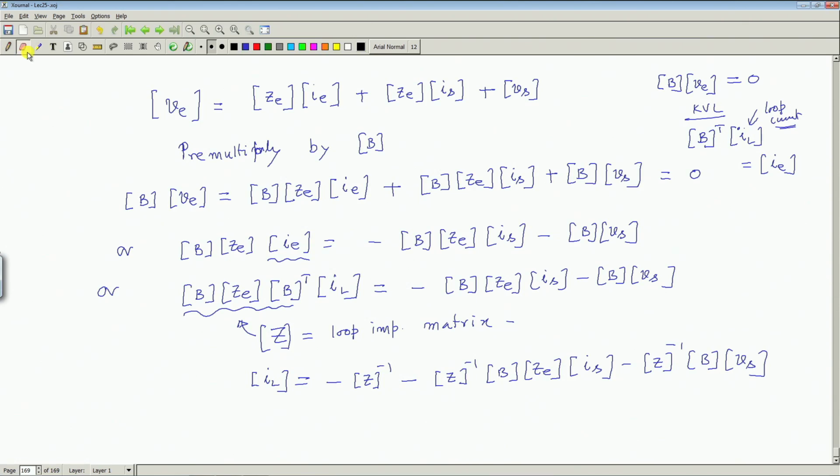So, I will be able to solve this circuit.